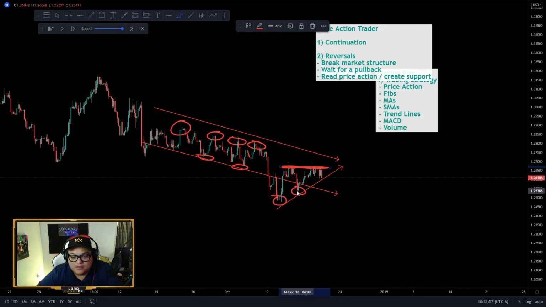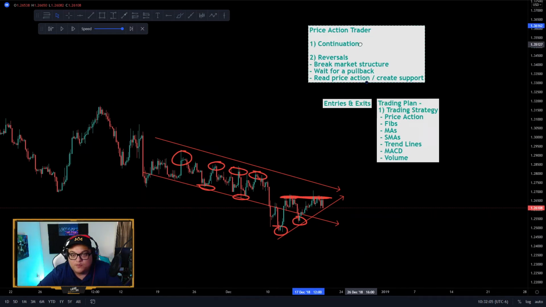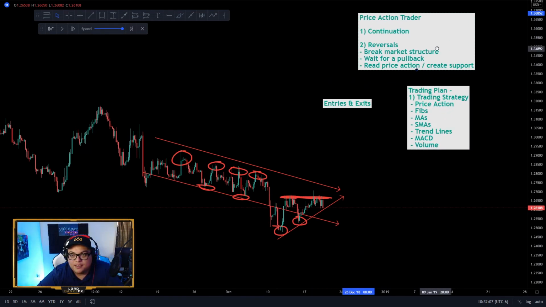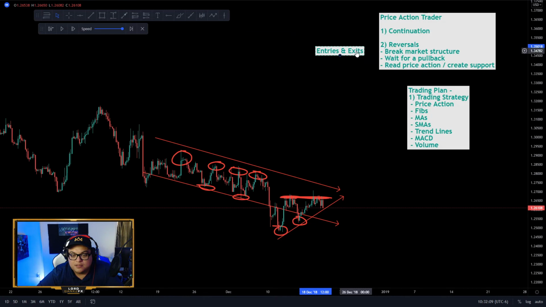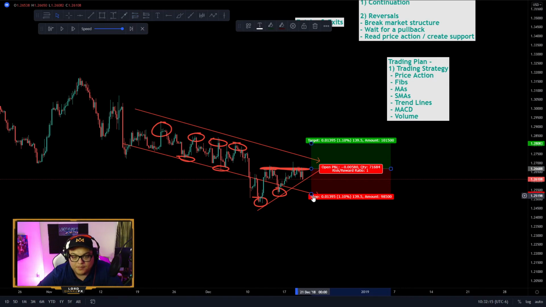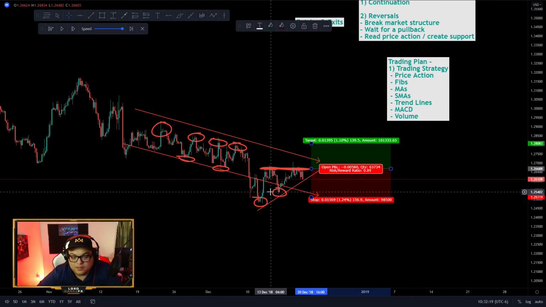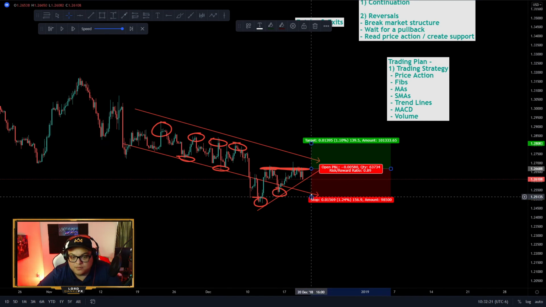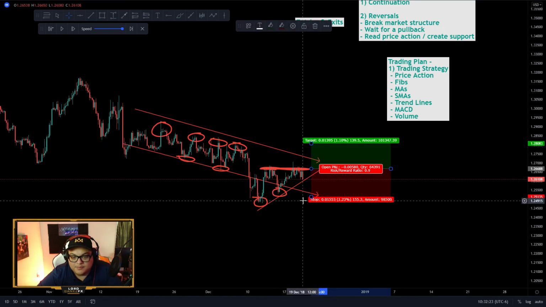Because from the pattern and what price action is telling me, we're getting ready to move higher and higher. So if we're moving higher and higher, I'm going to look to enter around here, and I'm going to put my stops right below the previous low, right? To give me some room to run.